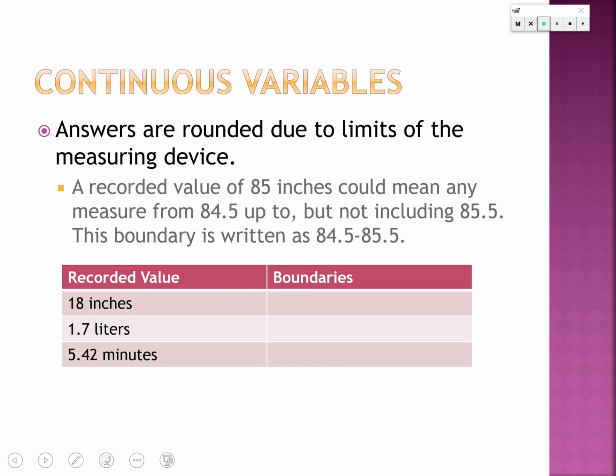So just to elaborate a little bit on the idea of the boundaries, if your recorded value is 18 inches, what I like to do, my little trick for this, I add a 0 on to the end of my value, and in this case I had to put a decimal point there, otherwise it becomes 180 instead of 18.